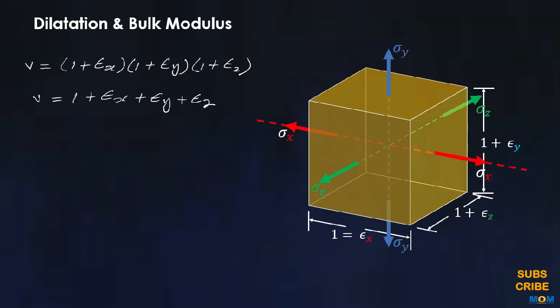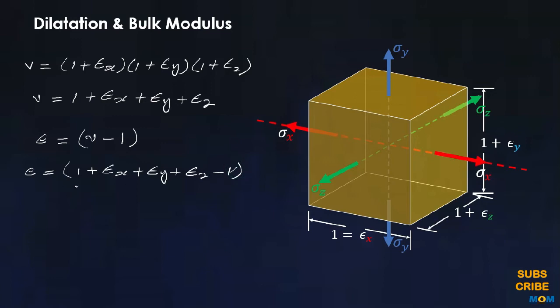Whereas the change in volume, that is represented with e, is going to be the deformed volume V minus the original volume. Now using the value of deformed volume, the expression is written as 1 plus epsilon x plus epsilon y plus epsilon z minus 1.